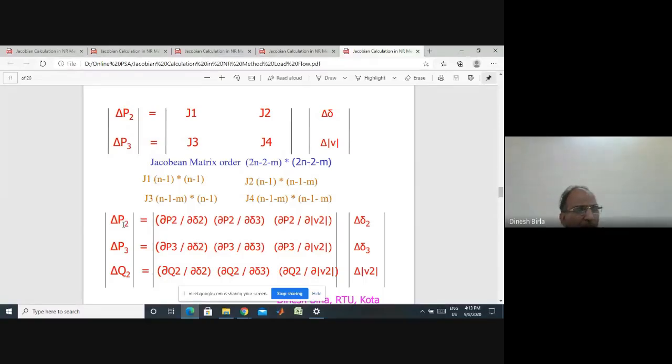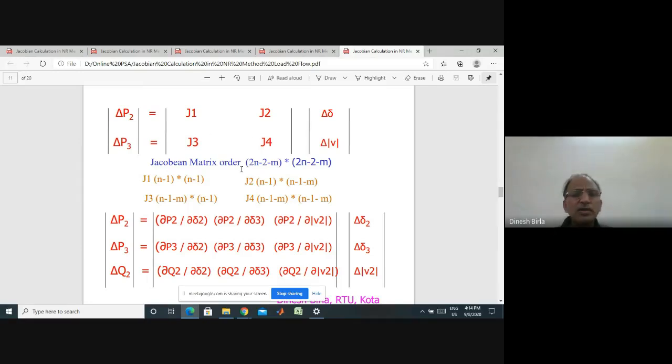So for each of these active powers, there will be a variation corresponding to voltage: del P2 by del V2 and del P3 by del V2. So you see, J2 stops at del P3 only, because in the next part of this column the reactive power comes. The reactive power change with respect to voltage has to be considered in J4.